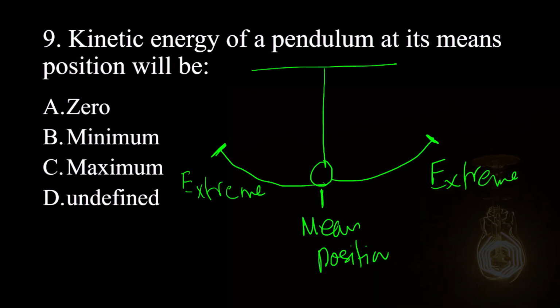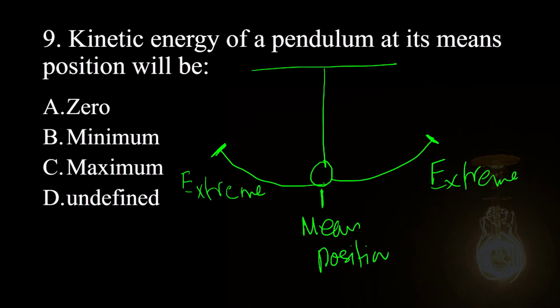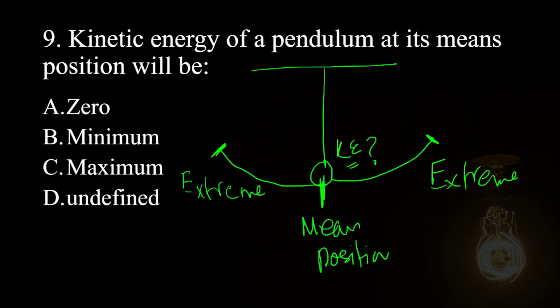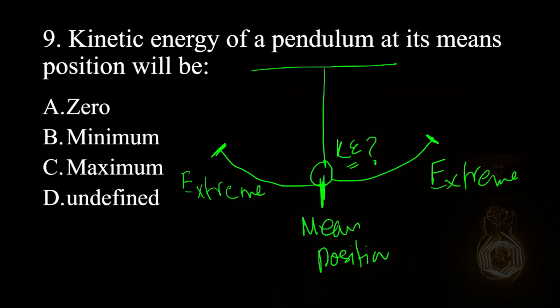So basically the question is, the kinetic energy of the pendulum at its mean position will be what? Students remember that the velocity of a pendulum is greatest at its mean position, where its kinetic energy is maximized. Conversely, the potential energy is greatest at the extreme position, where the pendulum comes to a brief standstill and reaches its highest point, thereby maximizing its potential energy.